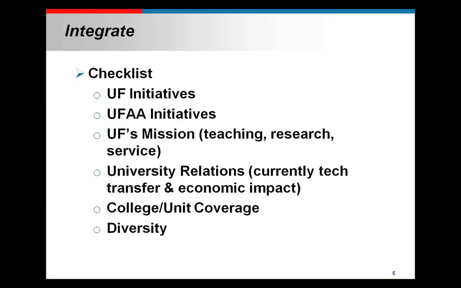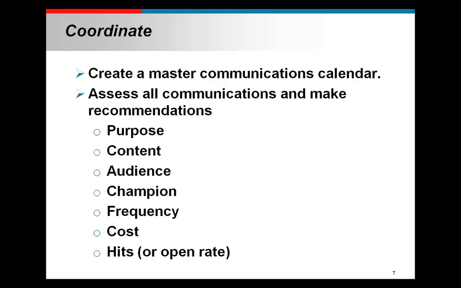Okay, so we went through a process to integrate these things. The powers that be created a checklist where they looked at all the different initiatives and all the things they wanted to accomplish, and they tried to unify them. They created this big master communication calendar, identified what they were already doing and made sure that it fit under all the things I have already mentioned, and tried to figure out what was worth keeping around.